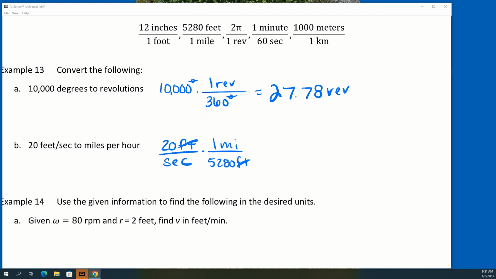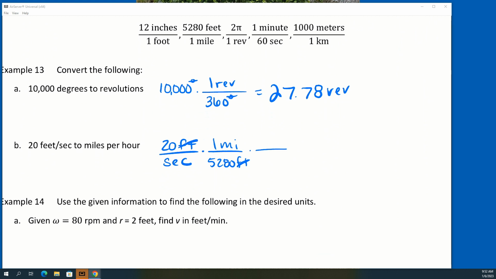But I want miles per hour. Now you might know how many seconds are in an hour. I'm going to do this one just going slower. When we move forward, I'll probably just start using the number of seconds that are in an hour. But I know everybody knows there's 60, well, hold on. There's 60 seconds in 1 minute. But if I want to cancel seconds in this situation, where would I put the second?